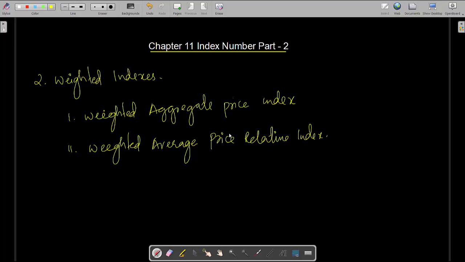There are two methods of constructing index numbers, and under price indexes we have unweighted indexes and weighted indexes. We discussed three methods of calculating unweighted indexes: simple, aggregate and average. We solved some questions as well, and I gave you some homework to do.